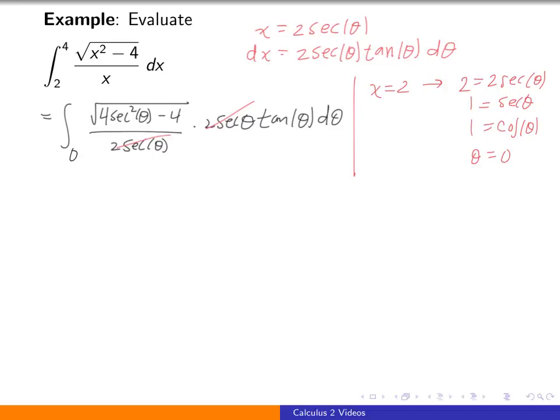Similarly, for the upper limit of integration, when x is 4, we have 4 is equal to 2 secant theta, which is equivalent to saying that cosine of theta is equal to 1/2. Thinking between 0 and 2 pi, that would tell us that theta is equal to pi over 3.